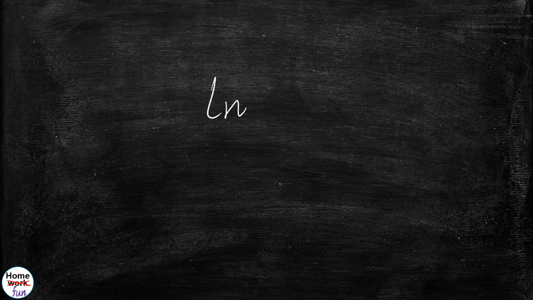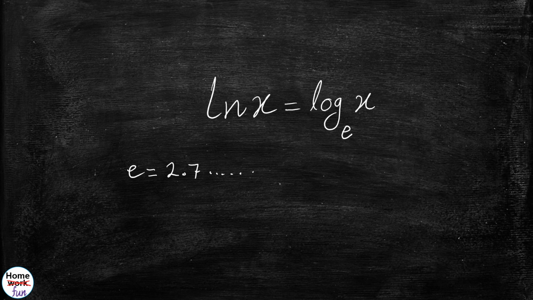And this is exactly the same concept: natural logarithm of x is the same as log of x, just the base of the logarithm here is a special base, e. e is a number just like pi. The decimal in e never ends. It's just 2.7 something. It's a number that can be found when you calculate compound interest. We're going to make a separate episode about that.